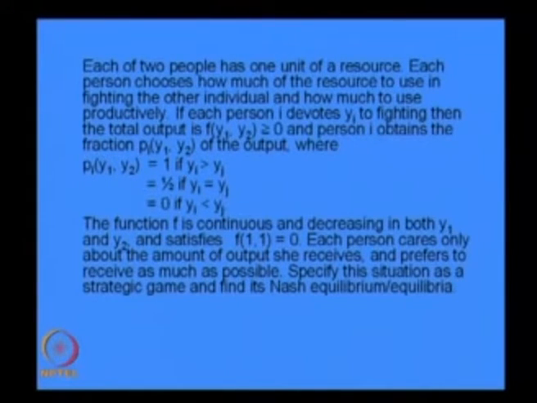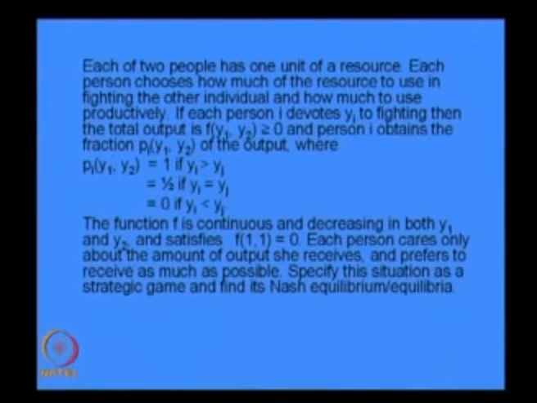If each person devotes y_i to fighting, then the total output is f(y1, y2), which is greater than or equal to 0, and person i obtains the fraction p_i(y1, y2) of the output, where p_i(y1, y2) is equal to 1 if y_i is greater than y_j, equal to half if y_i is equal to y_j, and equal to 0 if y_i is less than y_j.